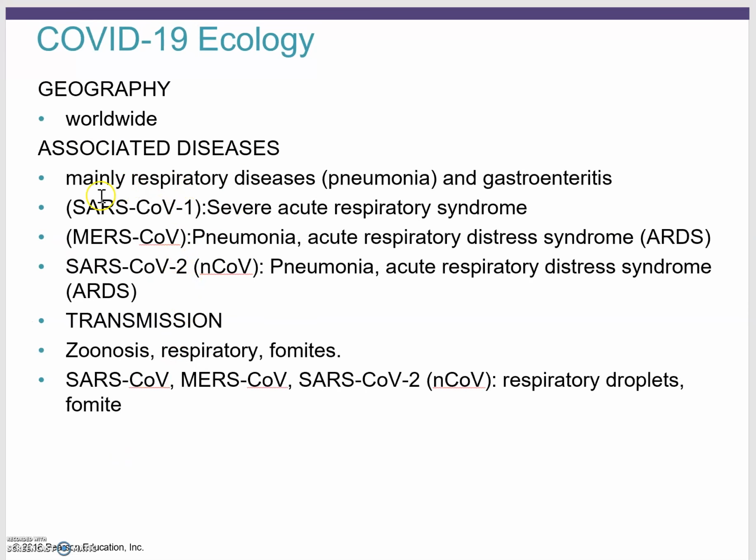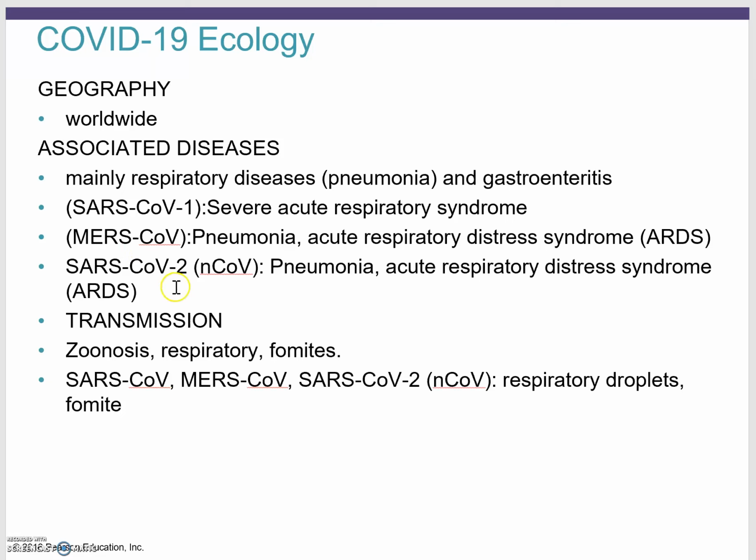You can see here some of the associated diseases that are caused by these types of coronaviruses. So SARS, of course, stands for severe acute respiratory syndrome. MERS was the Middle Eastern version that was going around about 8 to 10 years ago.